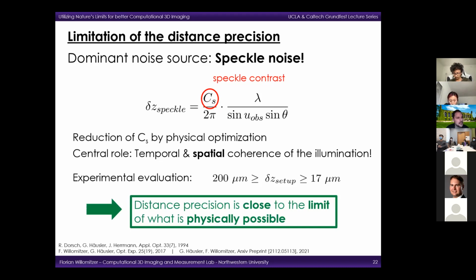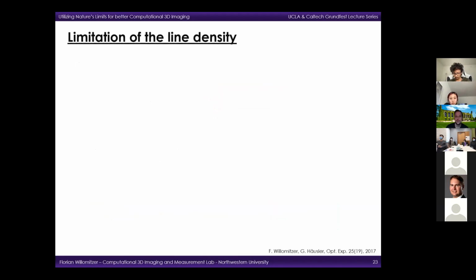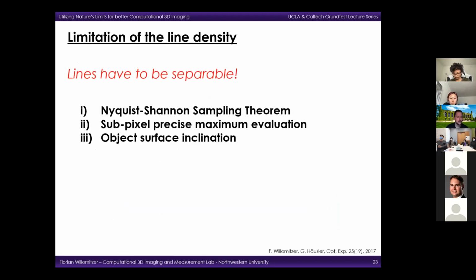And the second limit I quickly want to discuss is the limit of the line density. Also without going into detail here, I think you will all believe me if I say that the lines have to be separable in the camera image. And this separability is basically dependent on three factors: the sampling theorem, the subpixel precise maximum evaluation of the lines, and the object surface inclination.